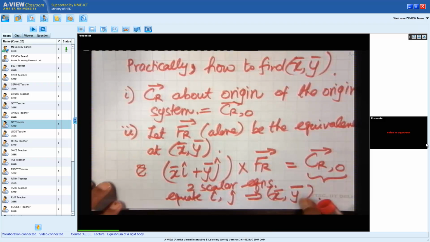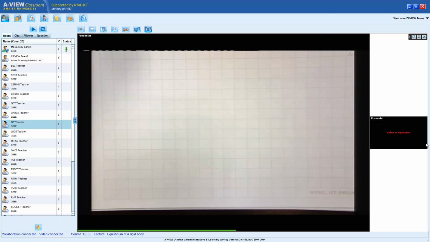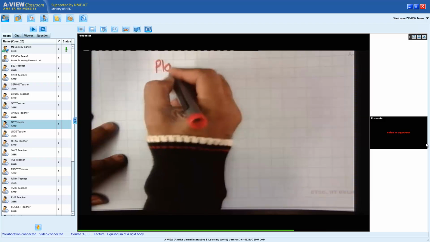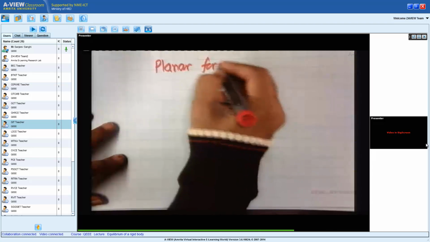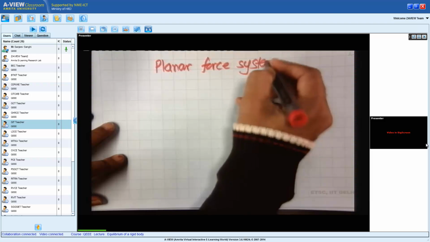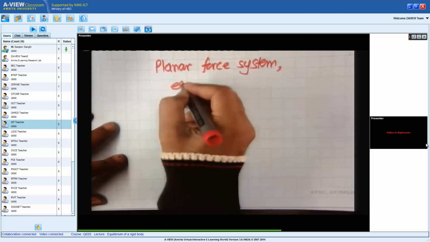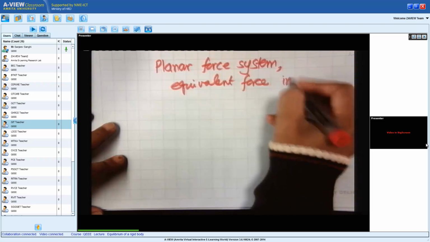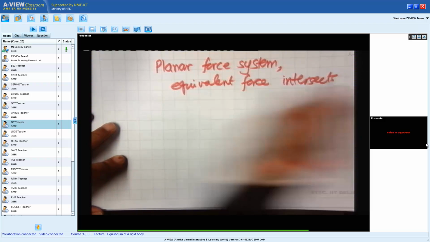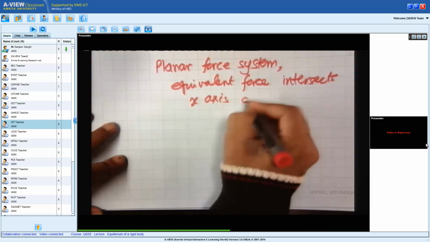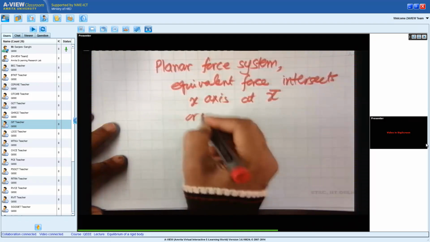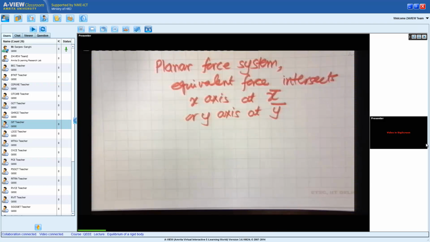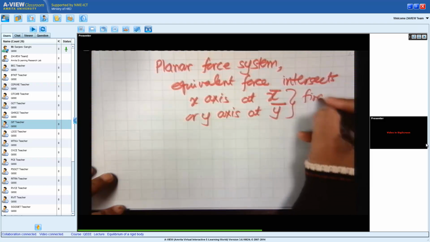Now, often when I do this topic, students ask this question: when we have a planar force system, we find the equivalent force. We say it intersects the x-axis at x bar or the y-axis at y bar, and we find only one of these.